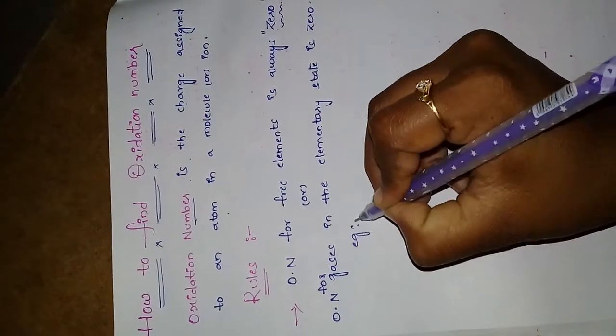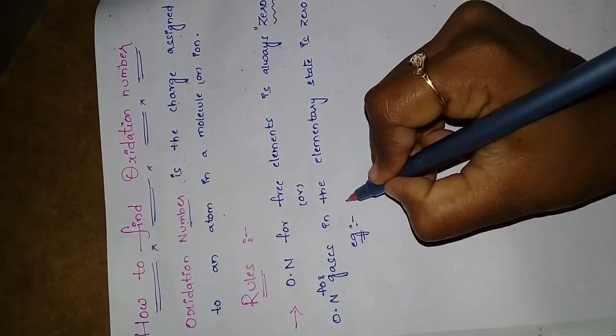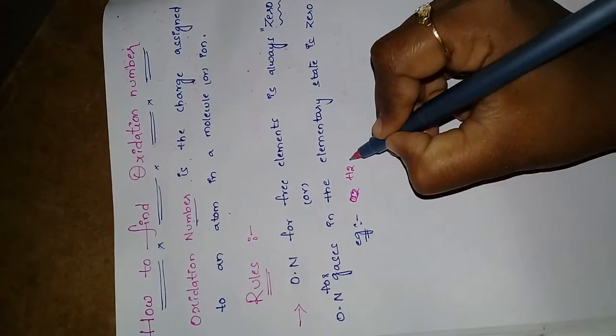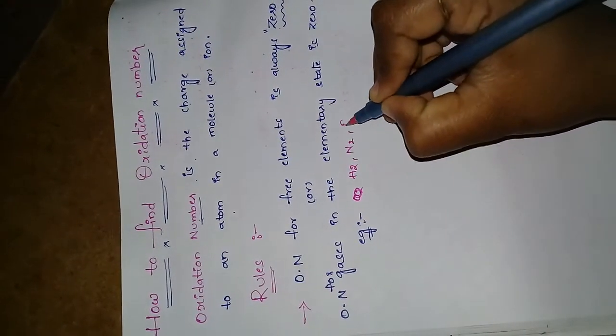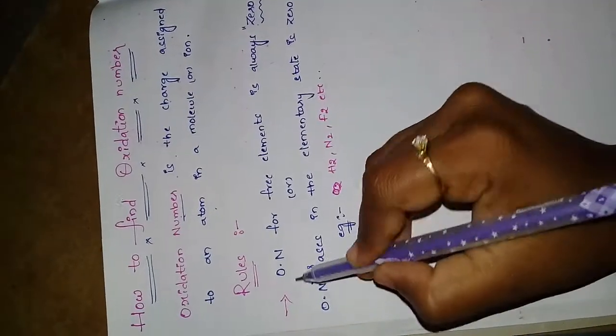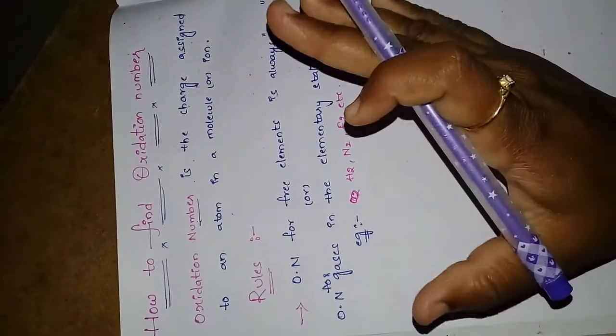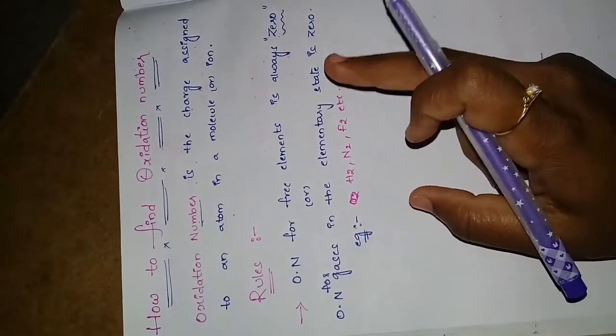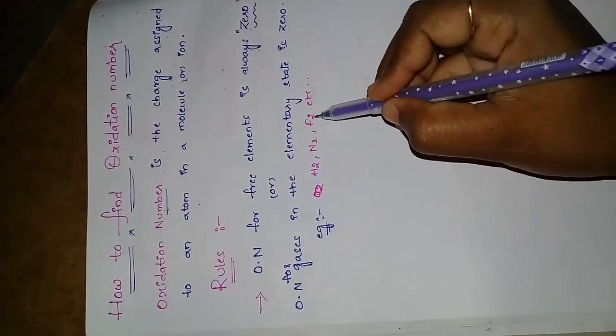Example: H2, N2, F2, etc. See friends, first rule: oxidation number for free elements is always 0. Oxidation number for gases in the elementary state is 0. Examples: H2, N2, F2.